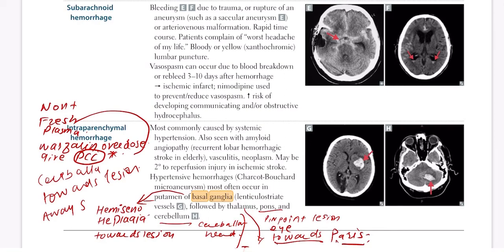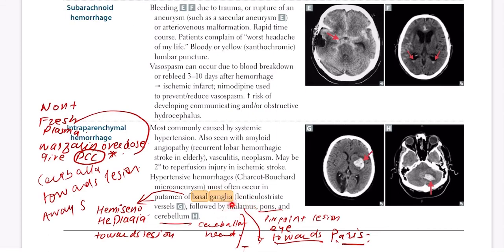Thalamus and putamen will both have hemiplegia and hemisensory loss, because in putamen you will always have the internal capsule involved, which is purely motor. The posterior part of the internal capsule is motor, but the anterior or ganglia part can be associated with sensory loss. So it is very important that you can differentiate between putamen basal ganglia stroke and thalamus stroke.